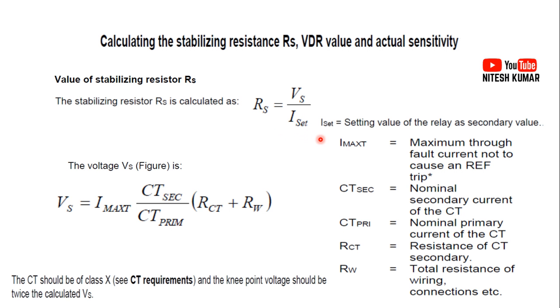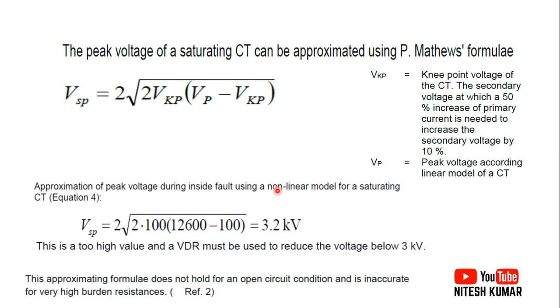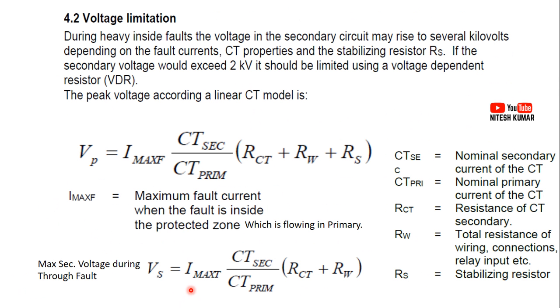So how much of the value of your setting current you have set, so that's I set. So RS is equal to Vs by I set. So this Vs can be found using this formula we have already discussed right here. See here, this is the secondary voltage during through fault.